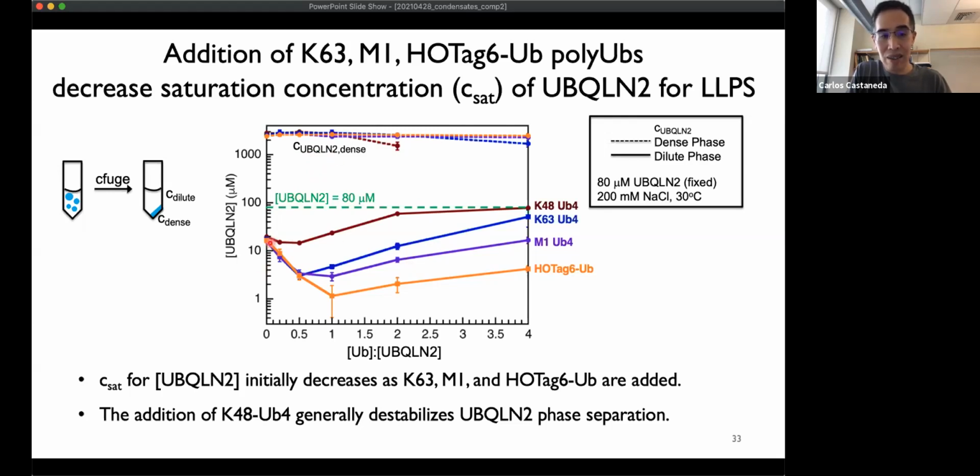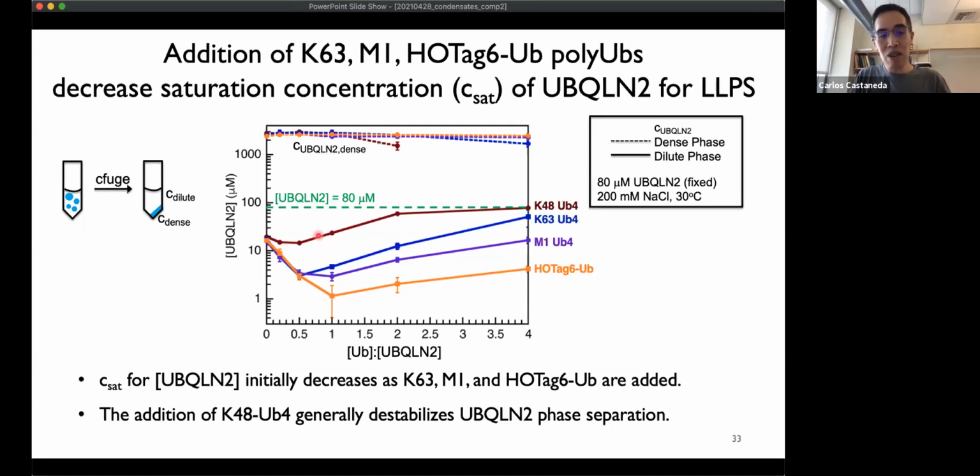I think you can clearly see that as you add these different types of chains, you'll see this promotion of the phase behavior. The saturation concentration at which you're driving the behavior decreases from here all the way down to really where we are for physiological concentrations of ubiquilin-2. This is really promoted for the hot tag.